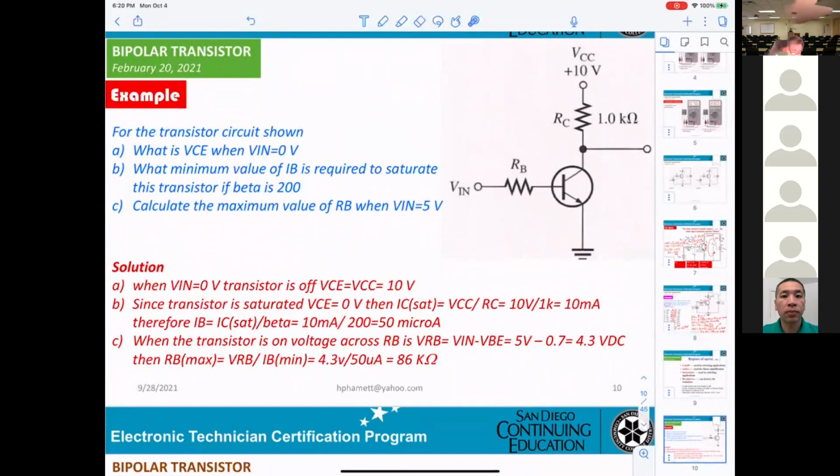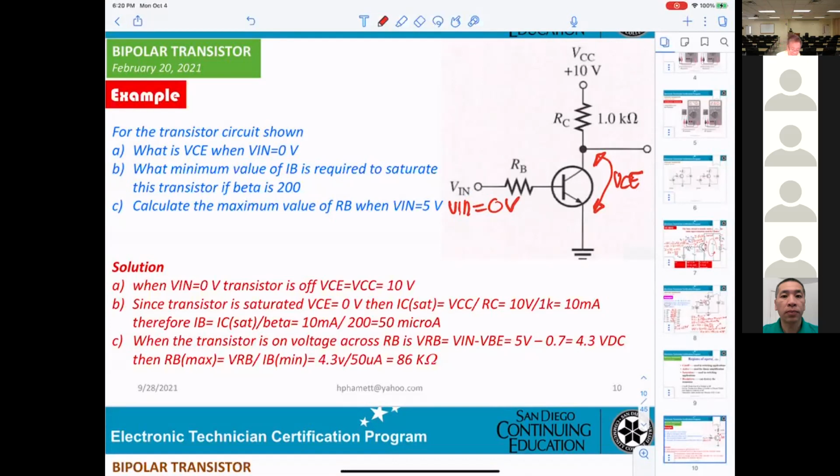That means the voltage here, VCE, when the input is 0.